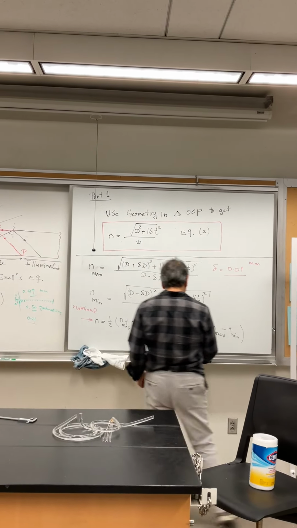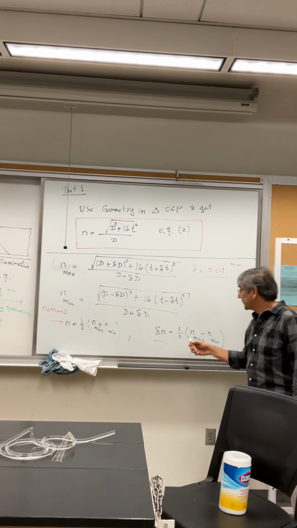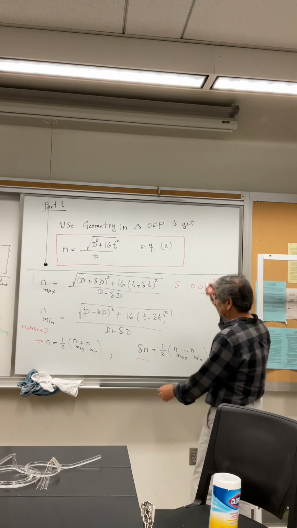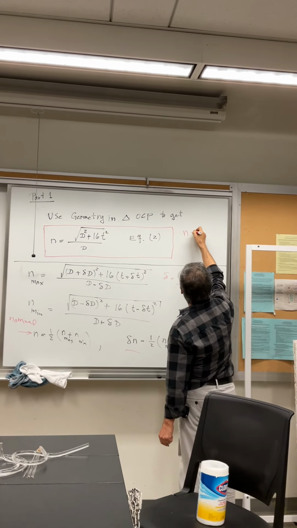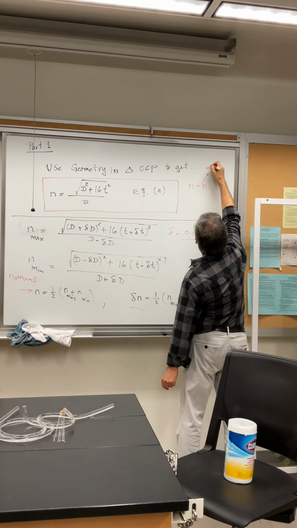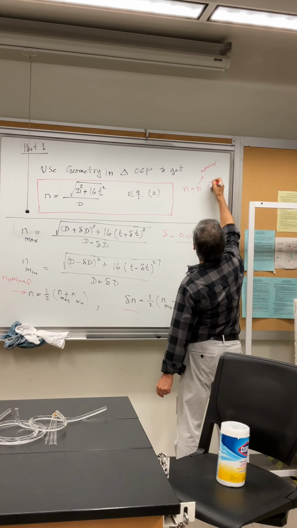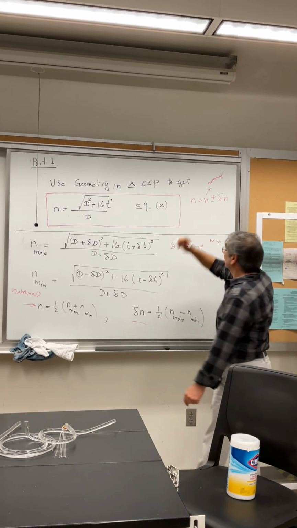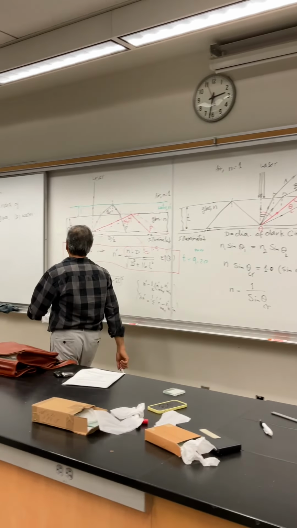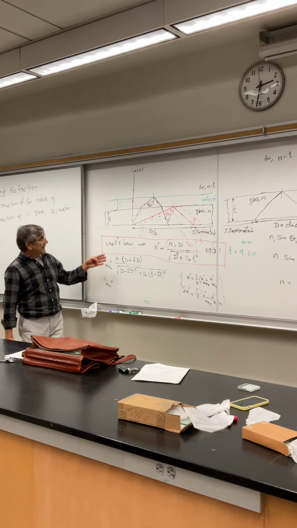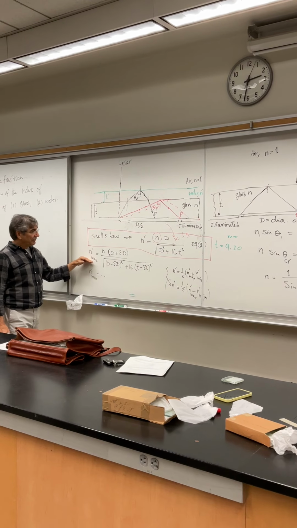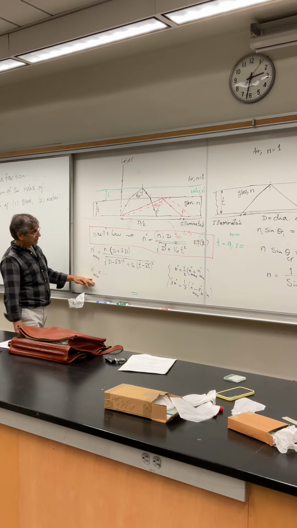And as far as the uncertainty in n, it is going to be this number minus this number divided by 2. And so basically your n is going to be equal to this nominal value that you found from here, plus or minus the uncertainty in n that you find in here. You do the exact same thing when you are calculating the uncertainty of n prime. So again, you look at this equation that gave you n prime, and you want a maximum and a minimum, just exactly the same procedure.